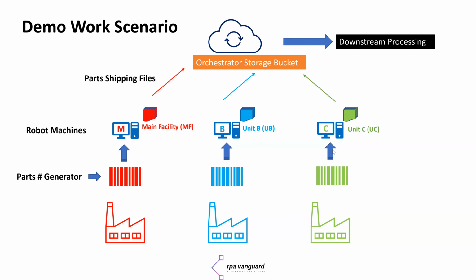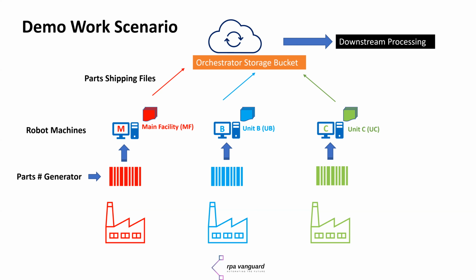We'll be working with just two facilities to keep this very simple. So we have the main facility and we have the second facility called Unit B. And in both cases, the main facility manufactures one kind of part and Unit B manufactures another kind of part, and therefore they generate their own part numbers, right?